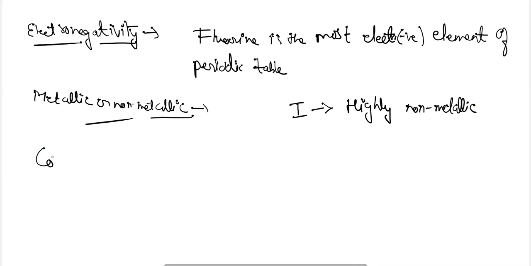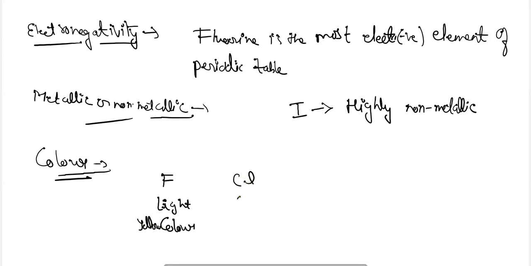What are the general characteristic colors of the halogen atoms? Fluorine has a pale yellow color. Chlorine is greenish yellow.